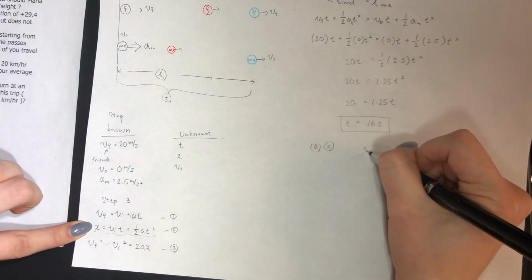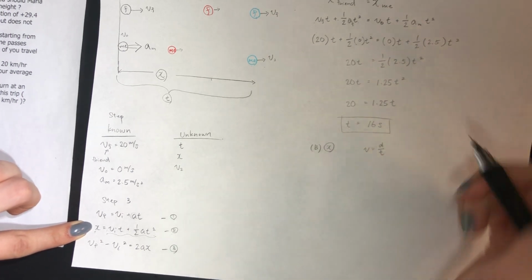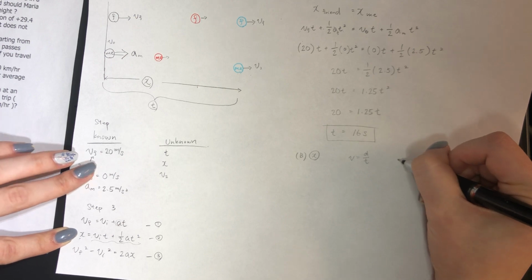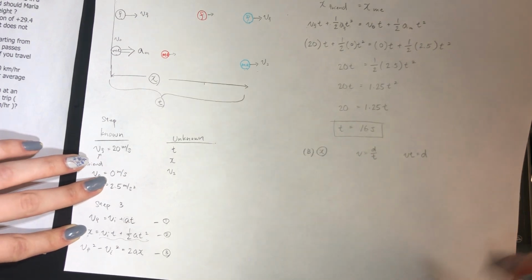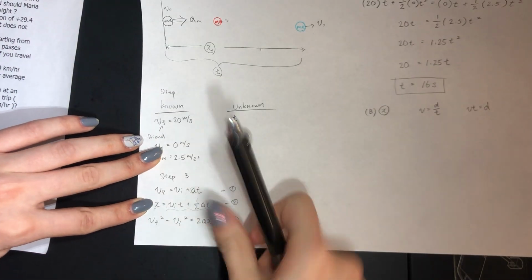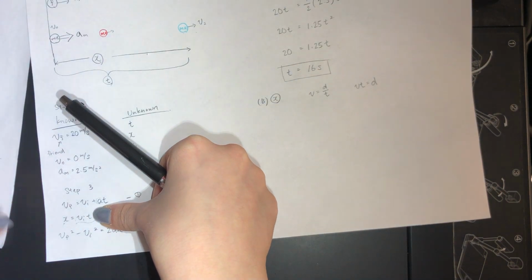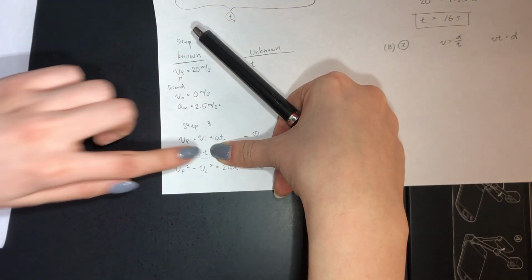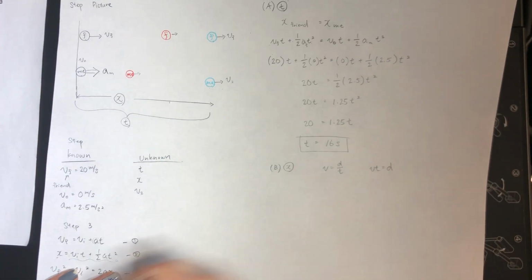Velocity is distance over time. If I multiply both sides by t, that becomes vt equals distance. That's this, right? Displacement equals velocity times the time. Distance is velocity times the time. So that's that. So let's use number 2.